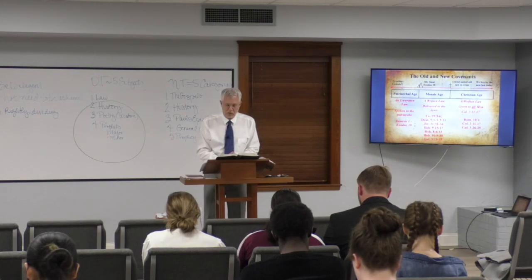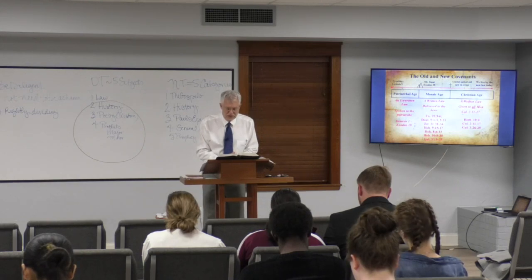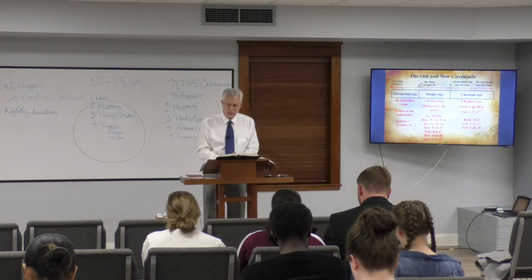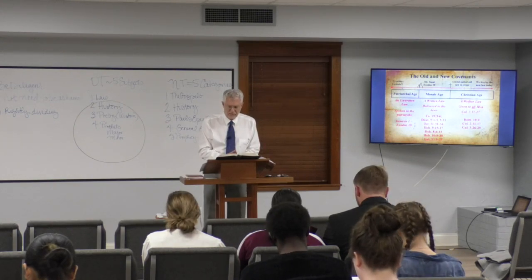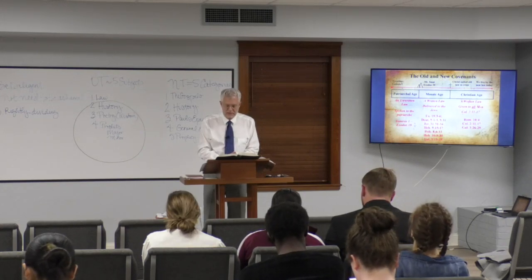I will put my law in their minds and write it on their hearts. I will be their God, and they will be my people. No longer will a man teach his neighbor or a man his brother, saying, 'Know the Lord,' because they will all know me, from the least of them to the greatest, declares the Lord. I will forgive their wickedness and remember their sins no more.